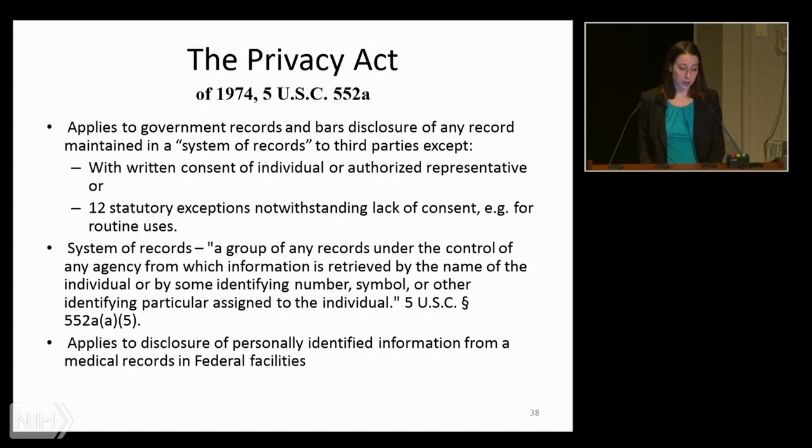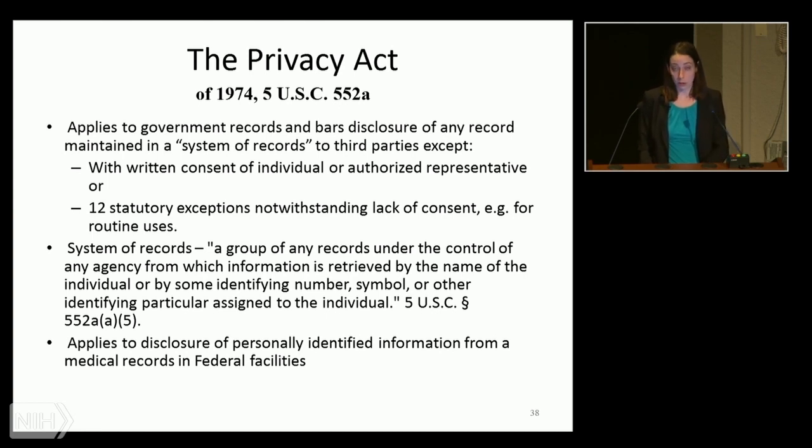Notices of any systems of records, so records collections, for instance, need to be published in the Federal Register. And the notices cite the legal authority for collecting and storing the records. They discuss the individuals about whom records will be collected. So, for example, the clinical records here at the NIH Clinical Center would regard patients who are seen at the clinical center for research.